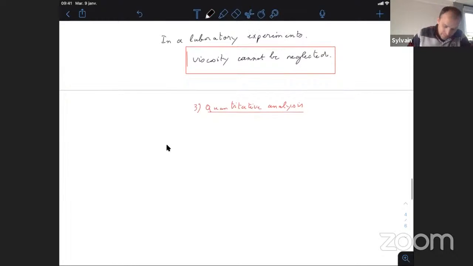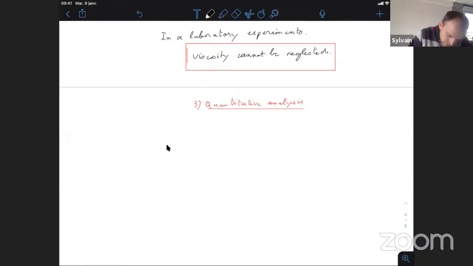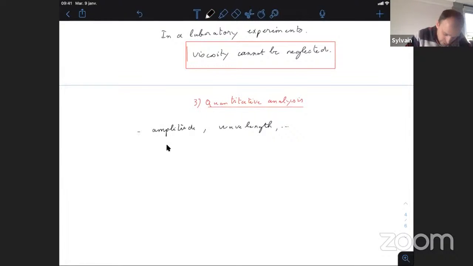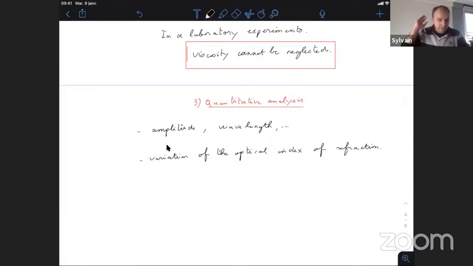And the first one, for the quantitative analysis, we want to measure more precisely the amplitude of the wave, the wavelengths, etc. And as I mentioned before, we have variation of the optical index of refraction, and this will lead to the first technique I want to explain, which is called synthetic shear.